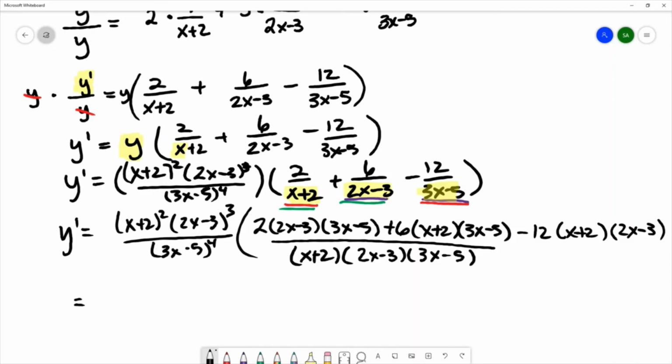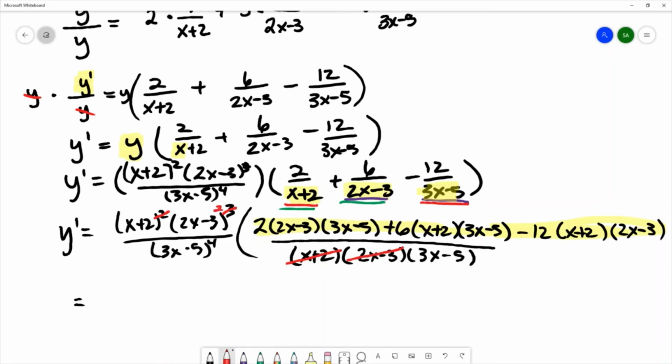So what's going to happen, the reason why I've done this, I still have to simplify. I haven't done any simplification on this whole big thing here, but I wanted to show you why I was doing it. And the reason why I was doing it is because this x plus 2 would cancel with this x plus 2, just one of them. This 2x minus 3 would cancel with one of those, leaving me with 2.